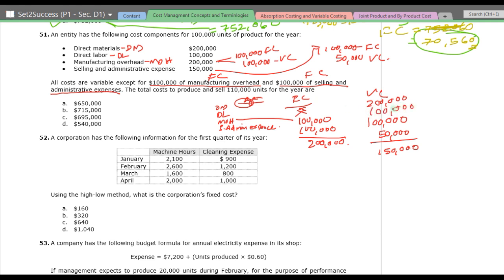So the total variable cost comes to be 450,000, and how many units did we produce? We produced 100,000 units. So by dividing total variable cost by 100,000 units, we get the variable cost per unit. So the variable cost per unit is 4.5.